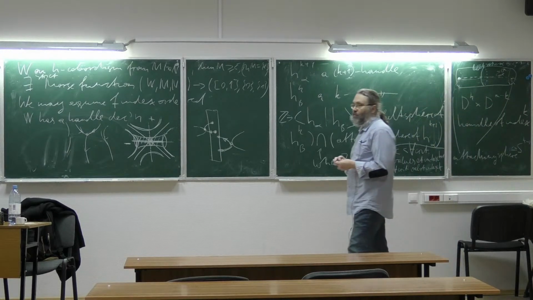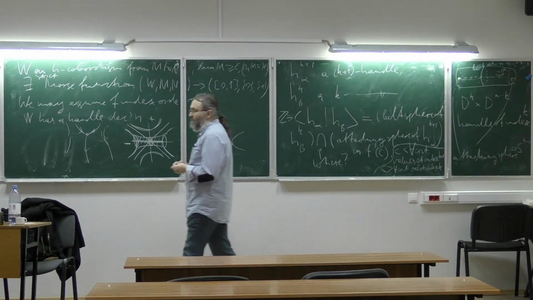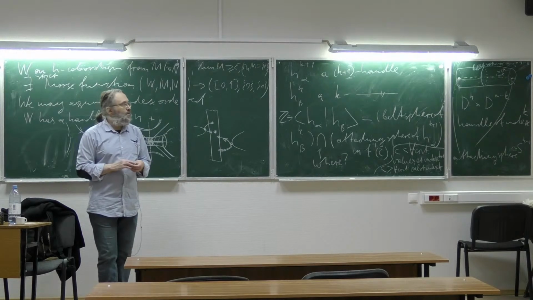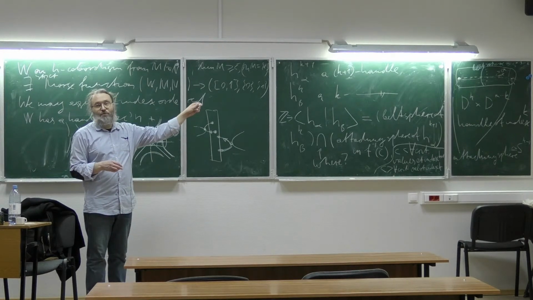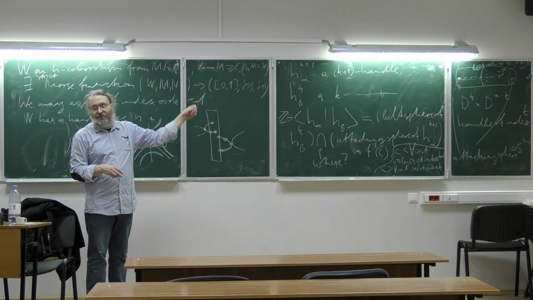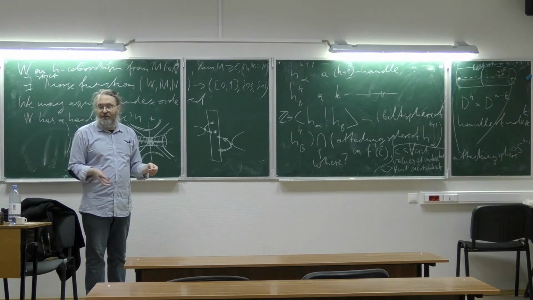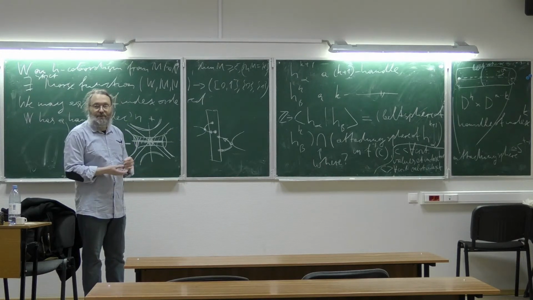So the number of the trajectories that are coming from one point to the other, flowing from one point. Well, I suppose there's a way to choose the metric in such a way that this will be, as I say, the number of trajectories.